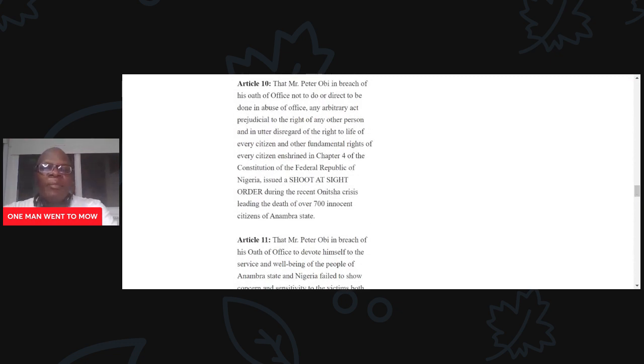Article 10, that Mr. Peter Obi, in breach of his oath of office, not to do or direct to be done in abuse of office any arbitrary act prejudicial to the right of any other person, and in utter disregard of the right to life of every citizen and other fundamental rights of every citizen enshrined in Chapter 4 of the Constitution of the Federal Republic of Nigeria, issued a shoot-on-sight order during the recent Onitsha crisis leading to the death of over 700 innocent citizens of Anambra State.